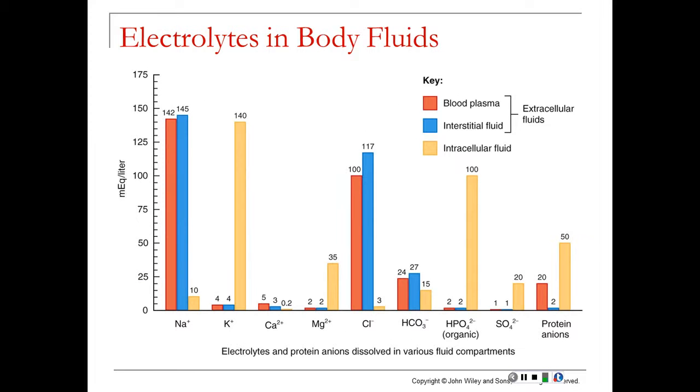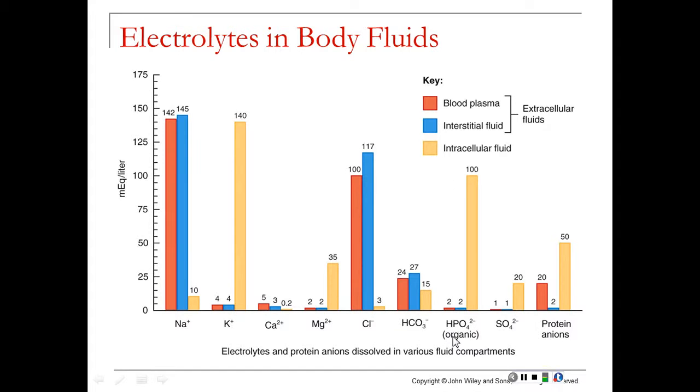So the majority of our electrolytes in our body are within our blood plasma. You see here, sodium is in high concentration in our blood plasma as well as interstitial fluid. Potassium, you may recall, is in high concentration inside the cells, in the intracellular fluid. Chloride, here's another one, high concentrations in the blood as well as the interstitial fluid, very low in intracellular fluid.